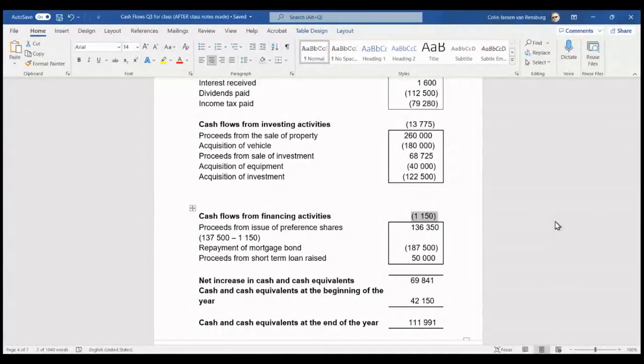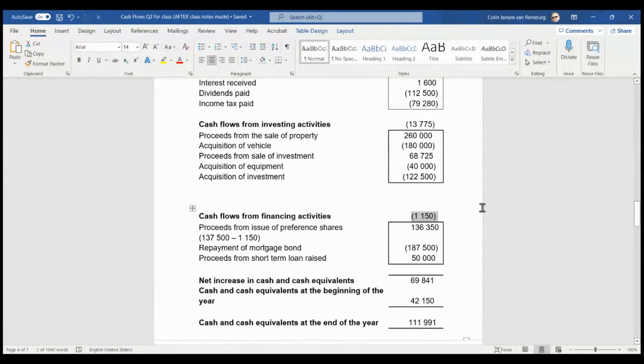And that comes to minus 1,150, which means again, ladies and gentlemen, that we have repaid more on our loans, either that or when it comes to our own capital, we haven't sufficiently issued preference shares for this to be a positive inflow, right? So we have actually had more outflows of cash, basically relating to the mortgage loan, than we had inflows. That is why that is a negative.